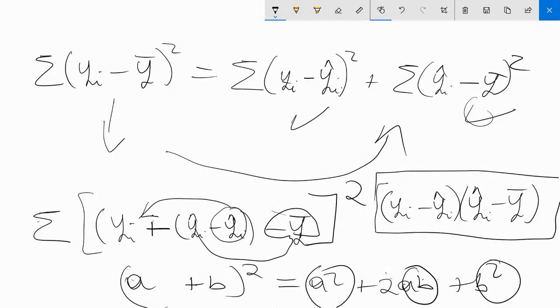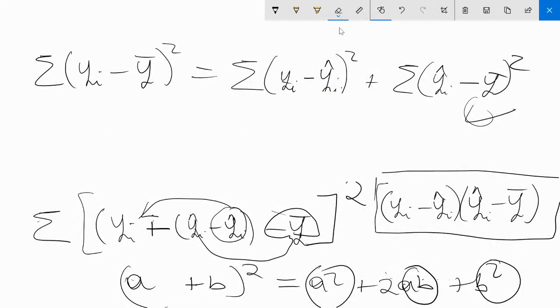Another hint that I can give you from here, I can also open your eyes here. Now this term, if you look at the first one, this is E. So it's more like we are having summation of E multiplied by yi hat minus y bar.